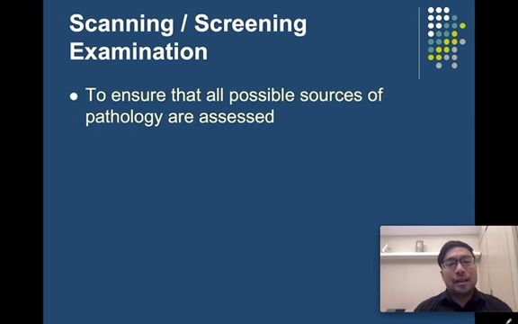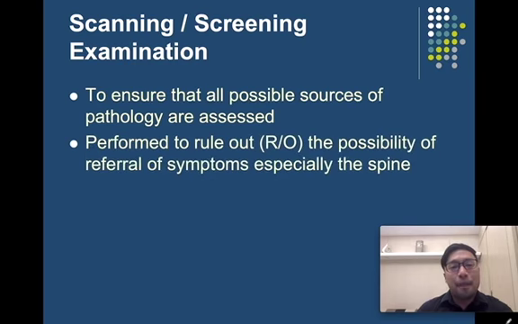So the scanning and screening examination is to ensure that all possible sources of pathology are assessed. So I told you if you have some pain in the shoulder, maybe you can also scan the neck area, because the pain might not be coming from the shoulder structures but might be coming from your neck structures. Rule out the possibility of referred symptoms, especially from the spine.